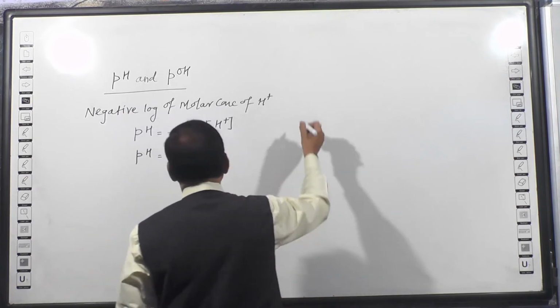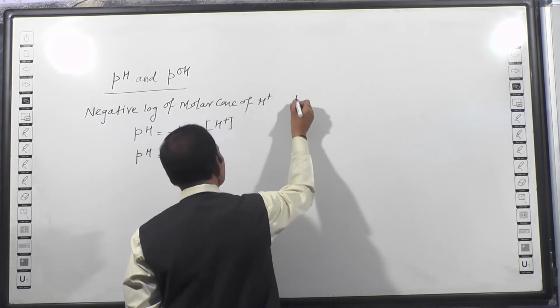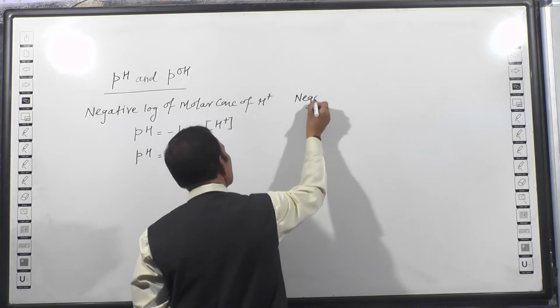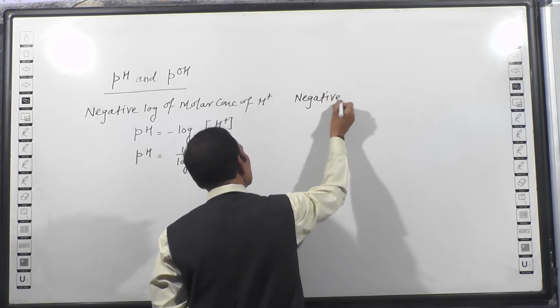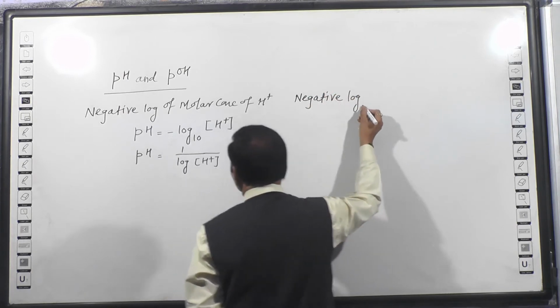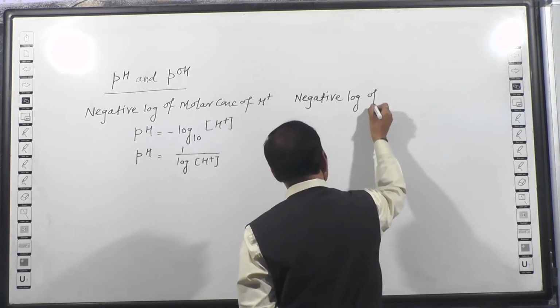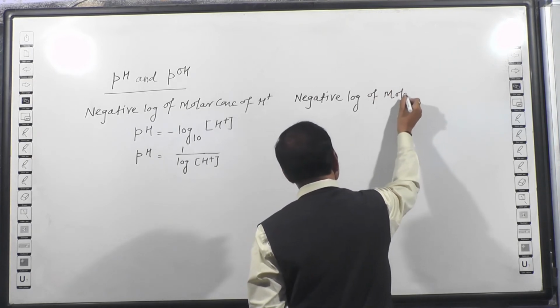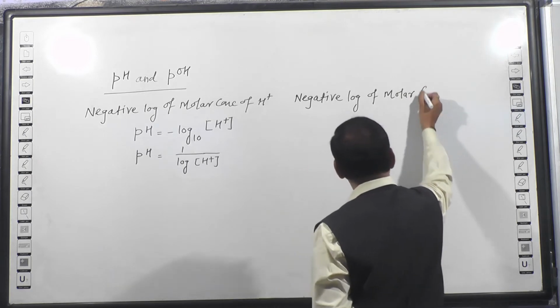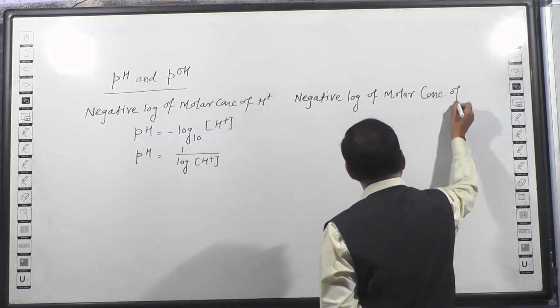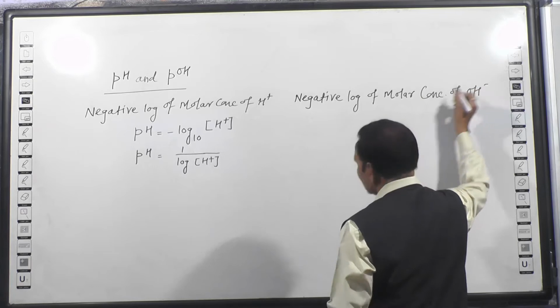Similarly, pOH can be defined as negative logarithm to the base 10 of molar concentration of OH minus ions.